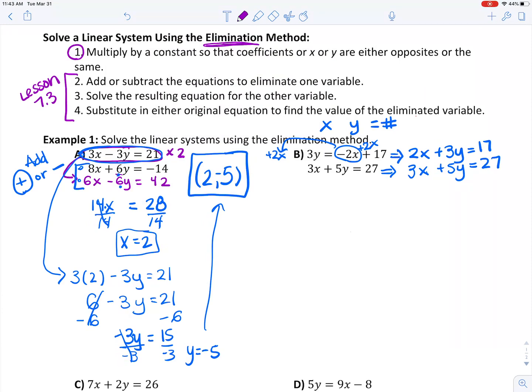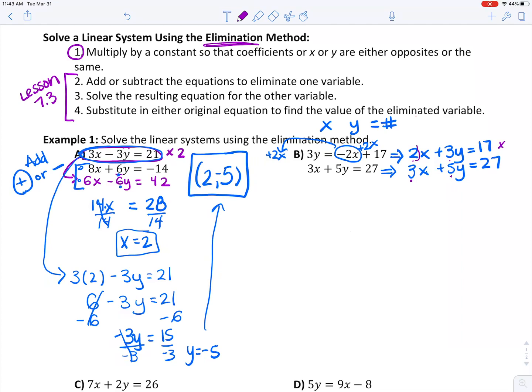Now we're taking a look at both the x's and the y's, and none of these numbers are the same. I'm also looking at whether I could multiply this top one by something and it will give me either a 3 for my x or a 5 for my y, and there isn't. So sometimes what we can do is multiply both equations by something.